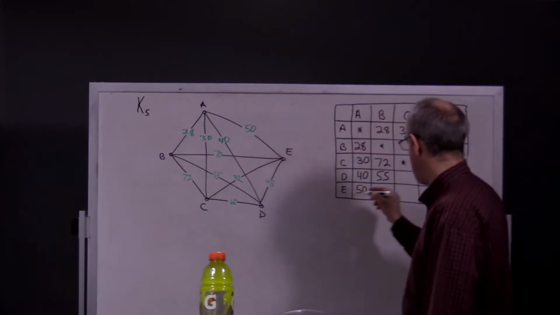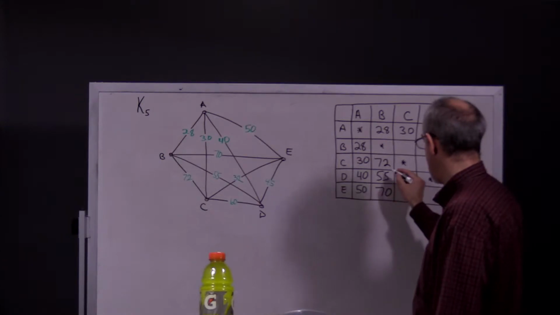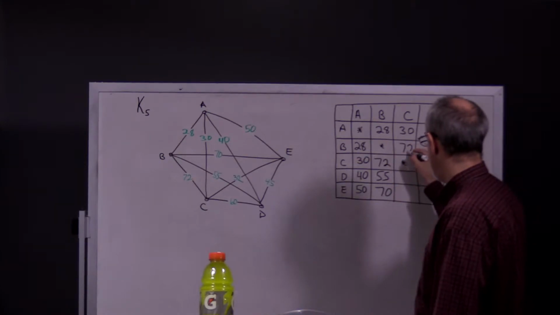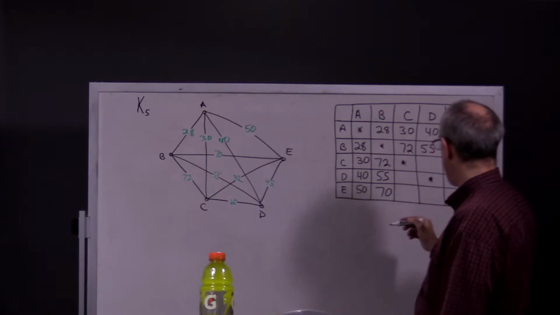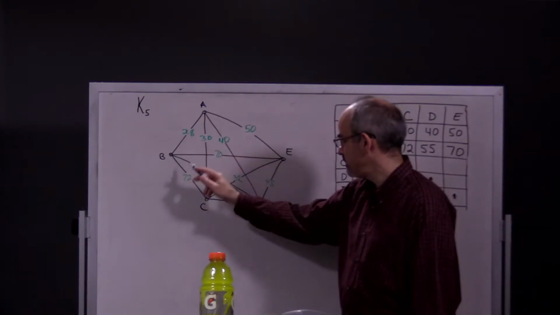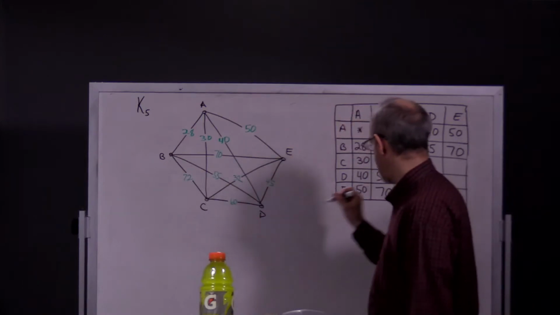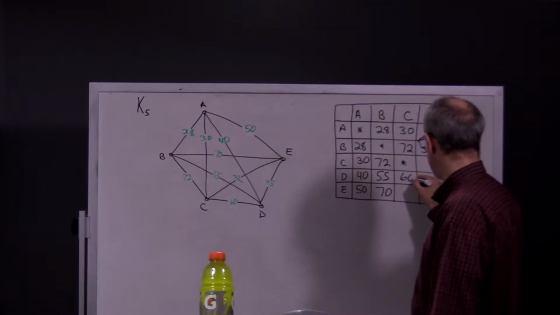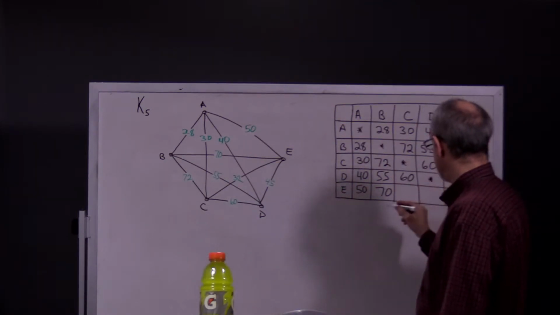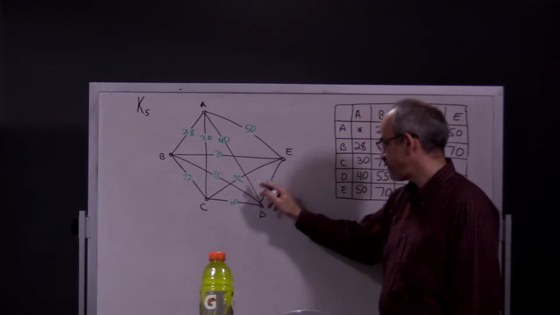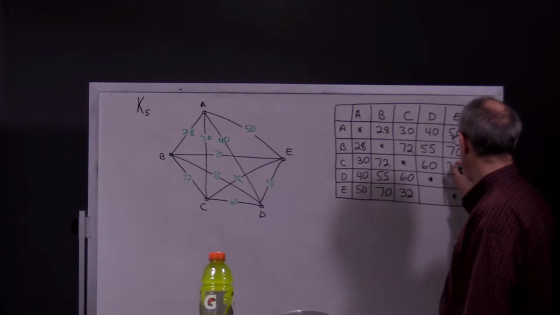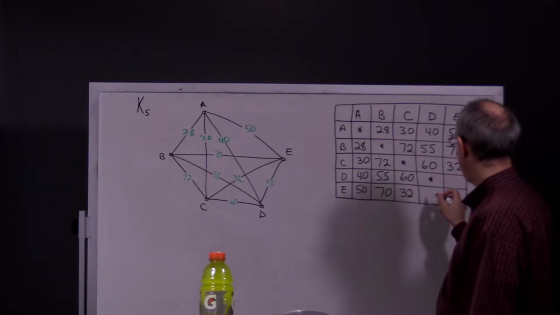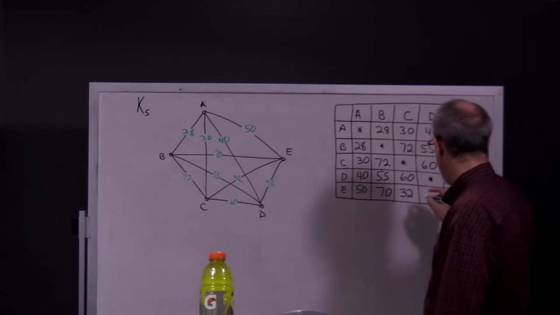And B to E is 70. So these can go here. C to D, 60. C to E, 32. And then we have D to E, 45.